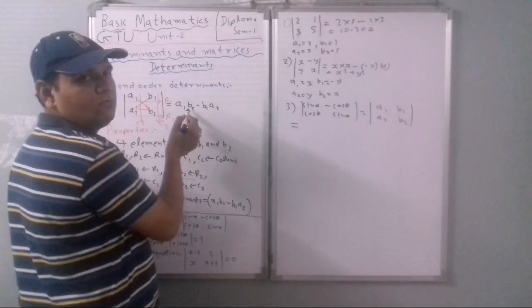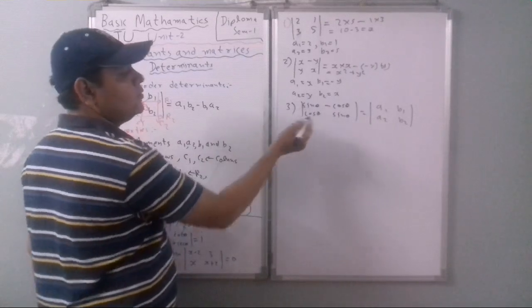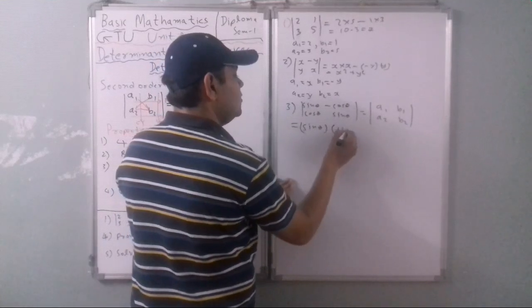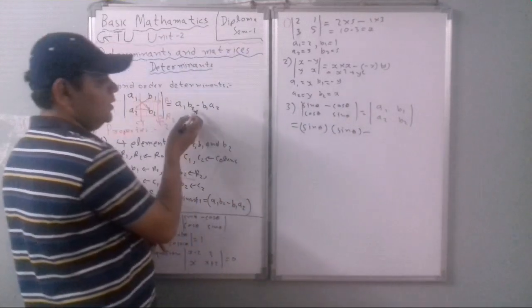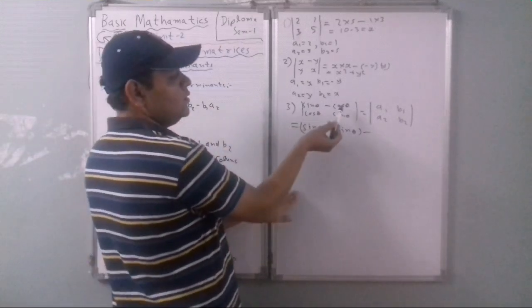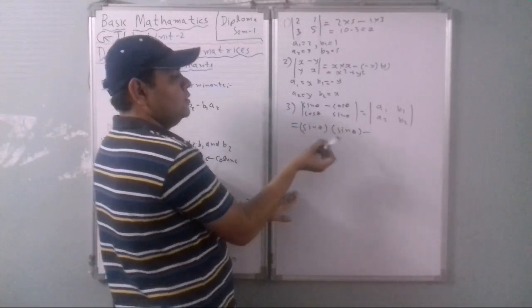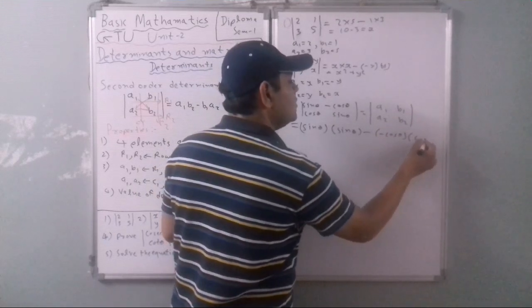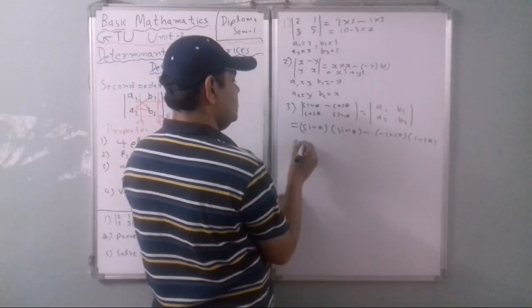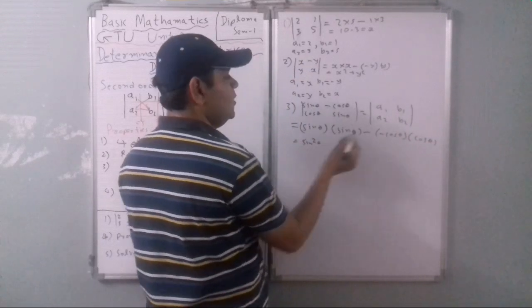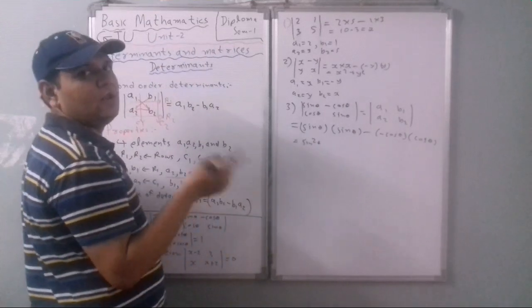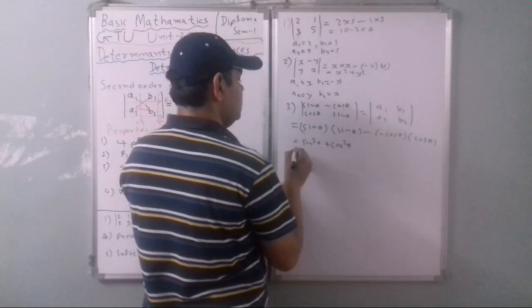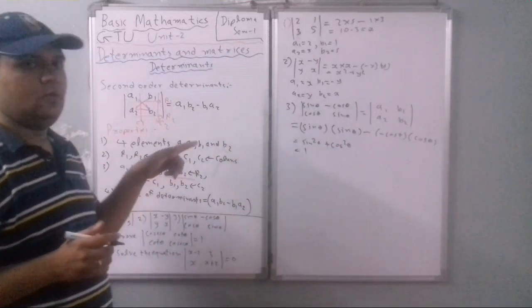A1 B2 means sin theta into sin theta, minus B1 A2. B1 means minus cos theta and A2 means cos theta. So here sin square theta, minus and minus makes plus, then cos square theta, is equal to 1.